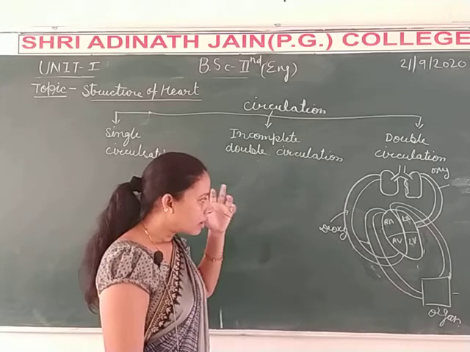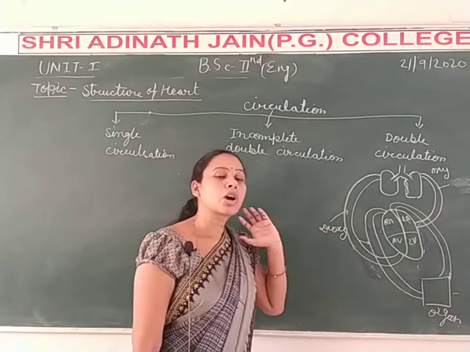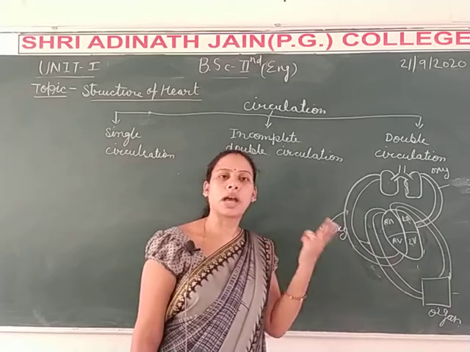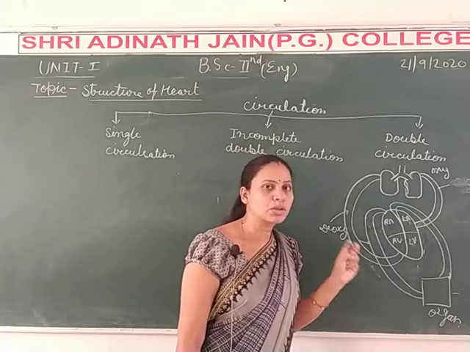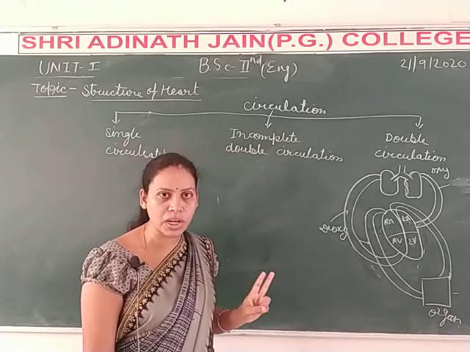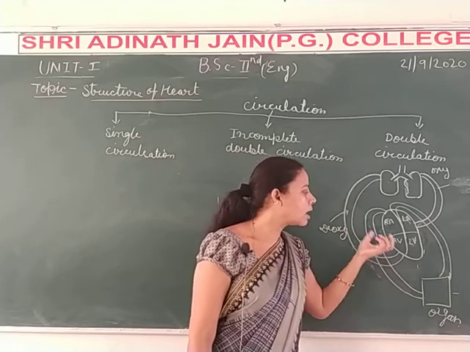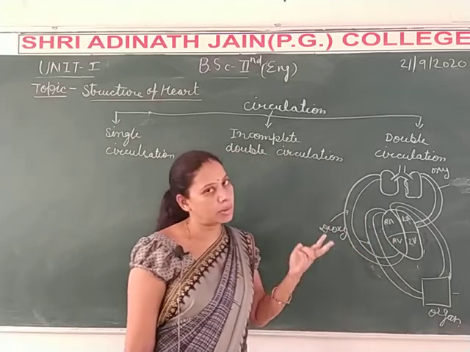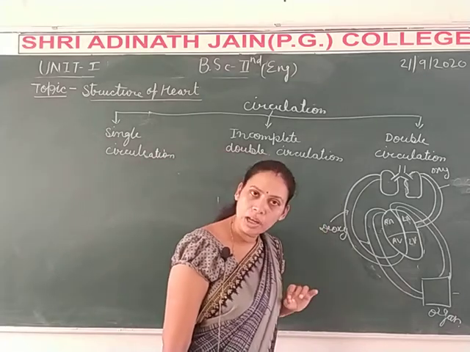So in this type of circulation, the blood crosses the heart 2 times. In these animals having double circulation, the blood crosses the heart 2 times. That's why it is known as double circulation.